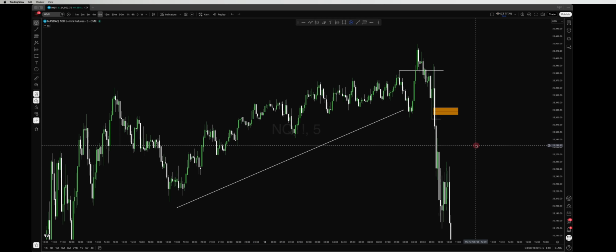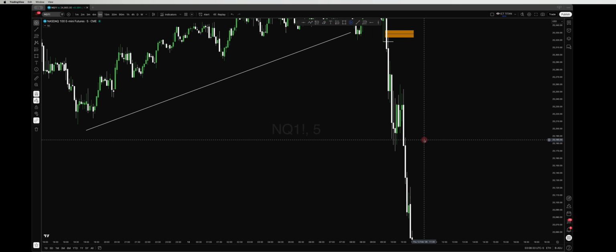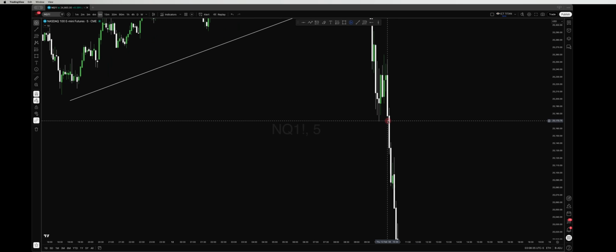This price came above here, this price right here, another breakaway gap, price went even lower. Now this is an order block. See how price came and tapped in the order block. Again, repel, breakaway gap, breakaway gap.